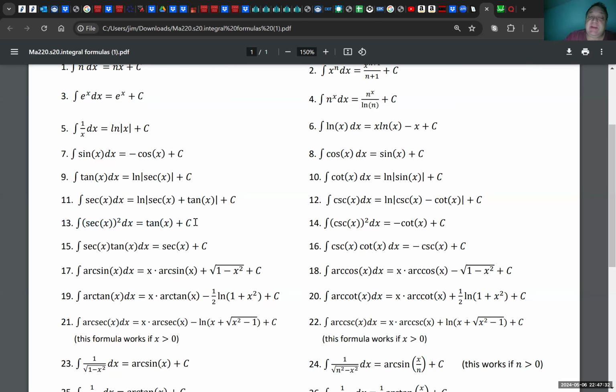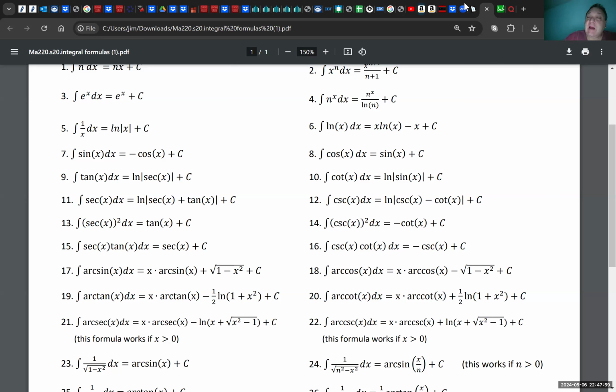So I highly recommend that you have this printed out in front of you so that you're not just constantly wondering if something is on the sheet. You can look at it directly and say, hey, secant squared is one of my formulas, and that integral antiderivative is just tangent x. And that may sound familiar because if you have done the derivative of tangent x, you may remember that the derivative of tangent x is in fact secant squared.